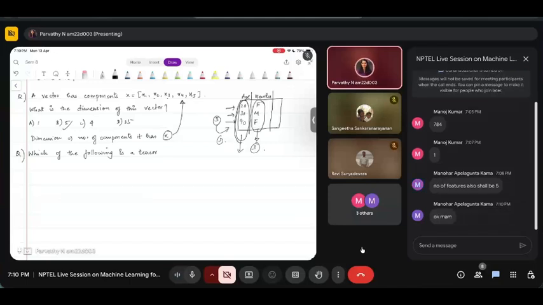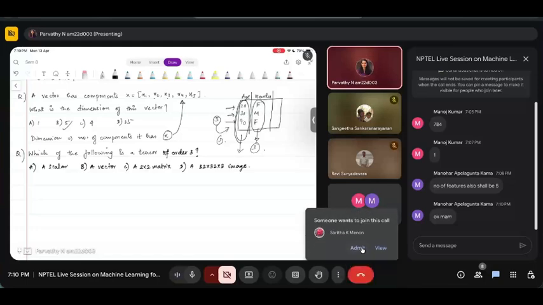Next question, which of the following is a tensor of order 3?